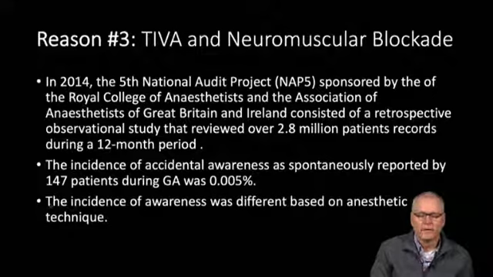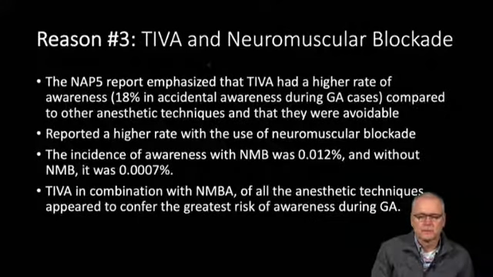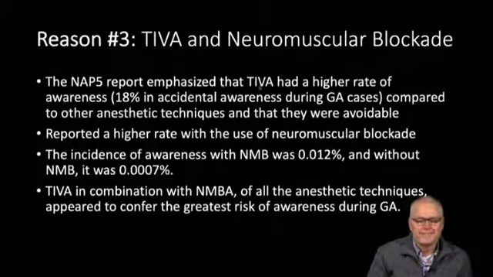But they also found that the incidence of awareness was different based on anesthetic technique. The NAP5 report emphasized that TIVA had a higher rate of awareness compared to general anesthesia with inhalation agents. And it was even higher when there was a neuromuscular blockade drug involved. The incidence of awareness with neuromuscular blockade was 0.012% and without it 0.0007%.